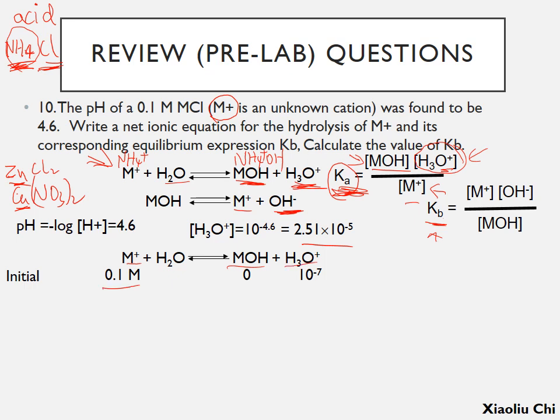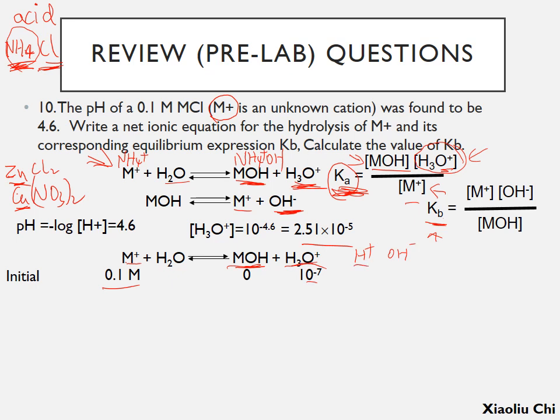Initially, we add 0.1 molarity of the salt, and that gives you 0.1 molarity cation. Initially, you have no product MOH, and usually you should have no hydrogen ion, but we already know water actually auto-ionizes to give you 10 to the minus 7 hydrogen ion and hydroxide ion.